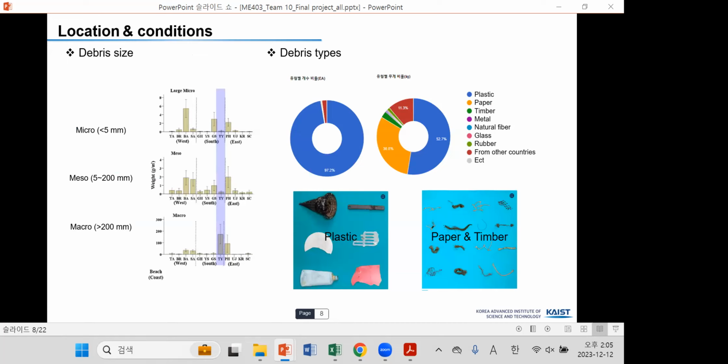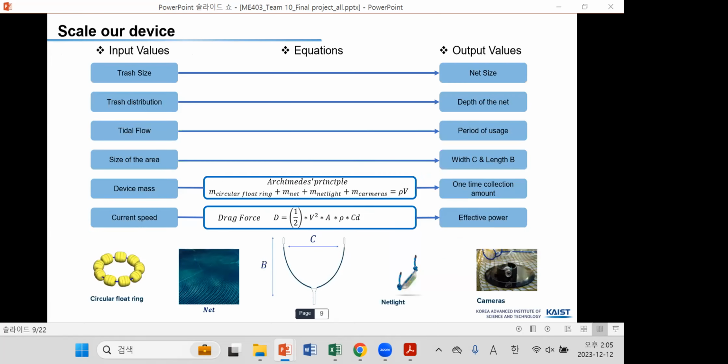And then I want to talk about the debris size and the types. Most of the debris near Songyang is macro-sized debris, and it is mostly composed of plastics, papers and timbers. So using this information, we wanted to scale our device.